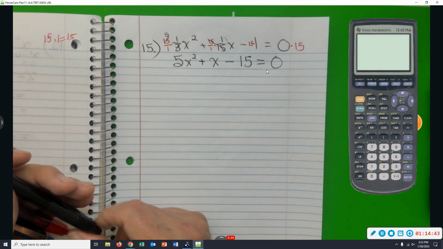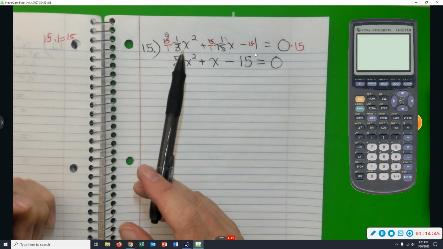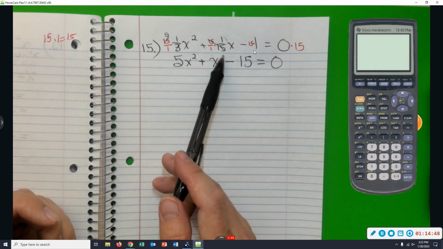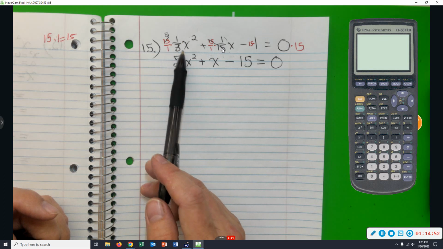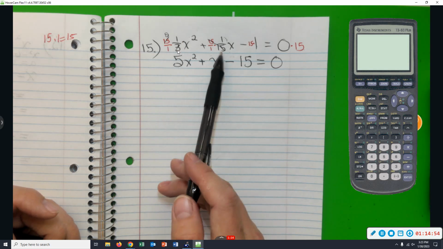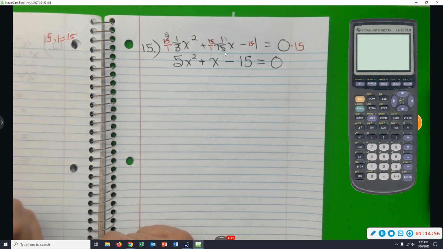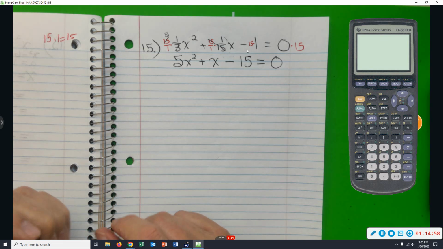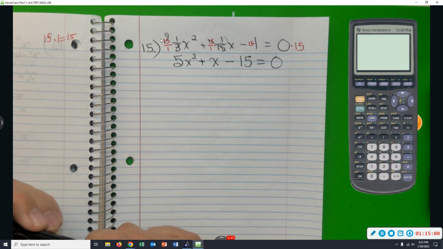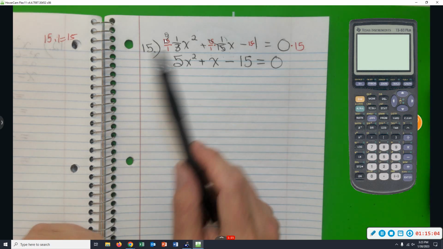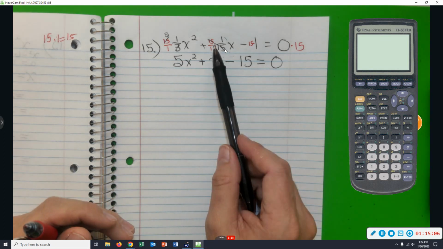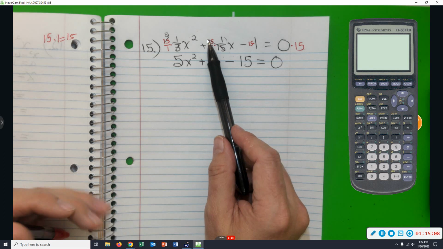Now let's see, what did we do? We found the smallest number that 3 and 15 both divide evenly into, and you multiplied through by it, canceling out every denominator. Now, there are other numbers that would have done it. 30. Doesn't 3 go evenly into 30?